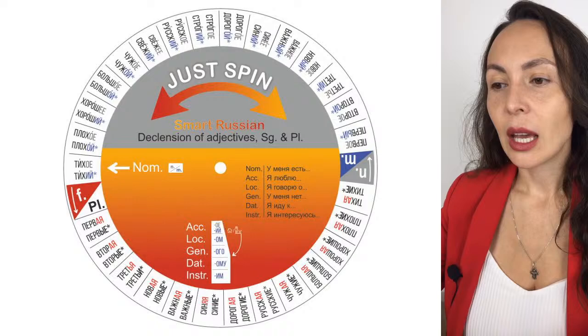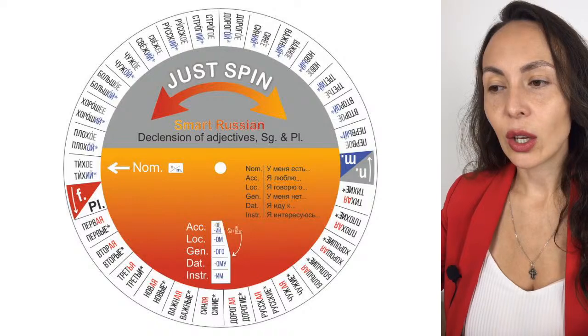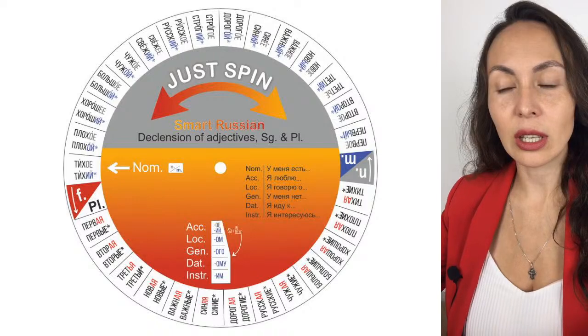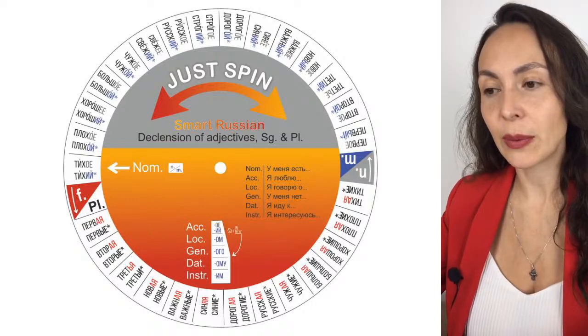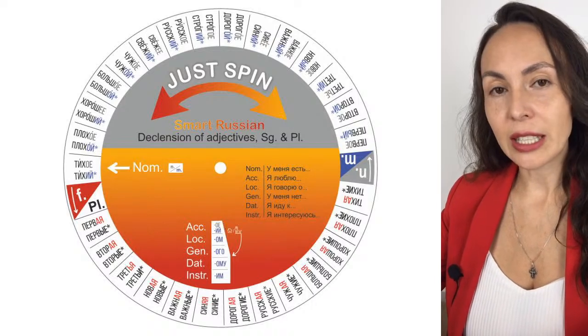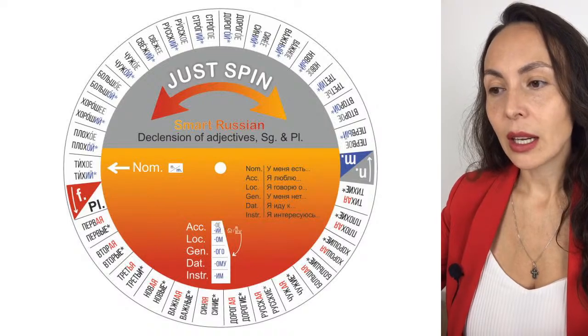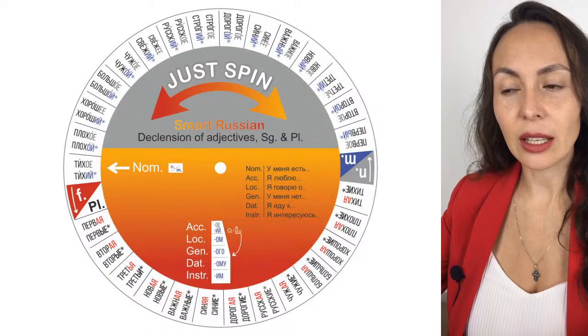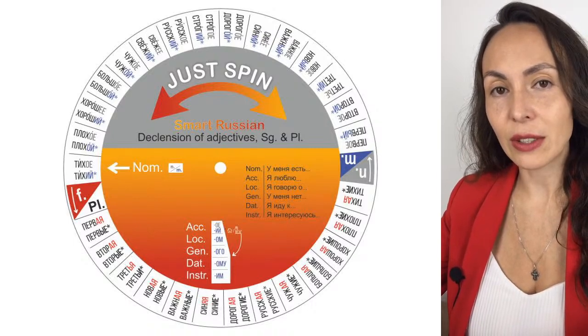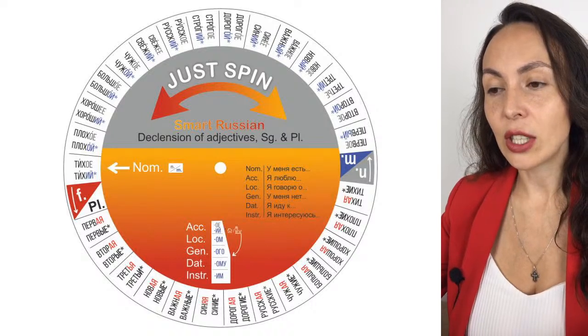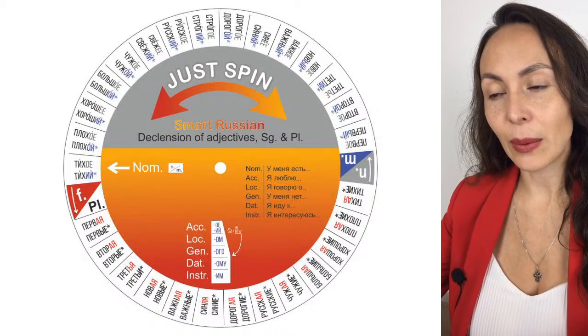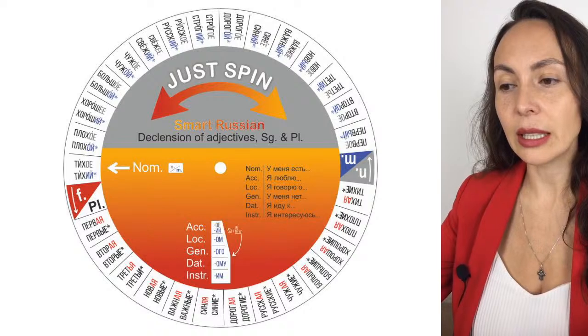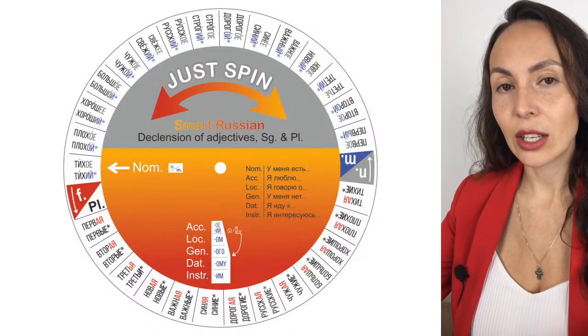As for the cases, you also can use our grammar charts, declension charts, which you can see on the screen now. You can see the declension chart of adjectives, and you see the adjectives on the circle.